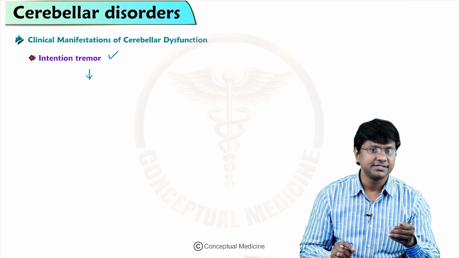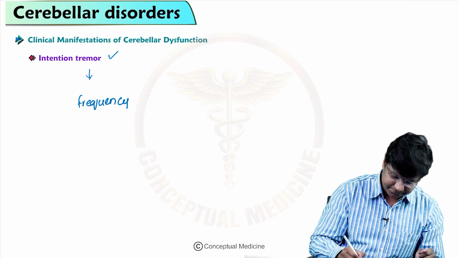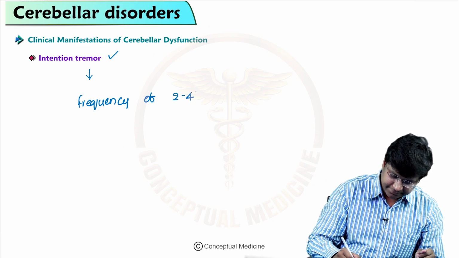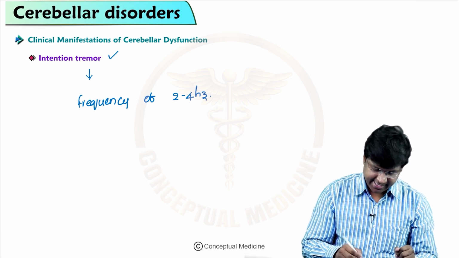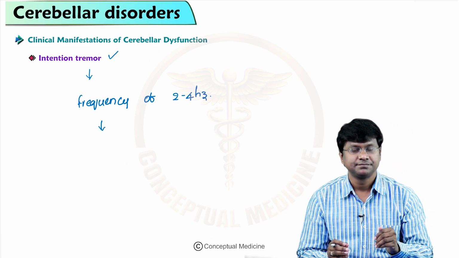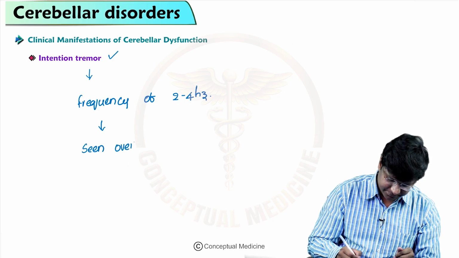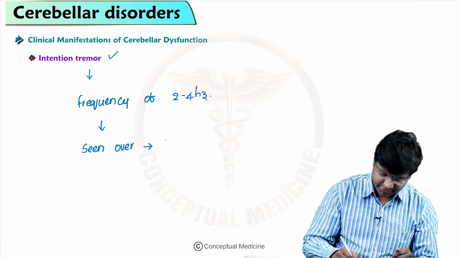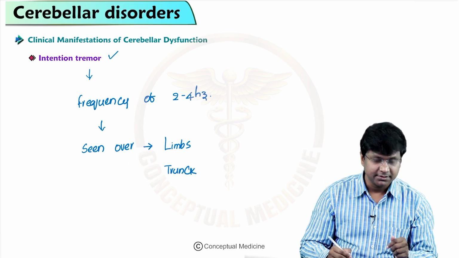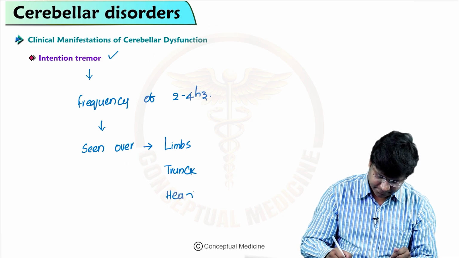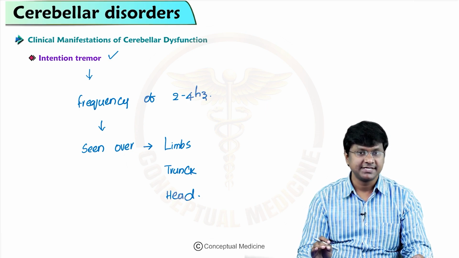These have a frequency of 2 to 4 hertz, and they are predominantly seen over the limbs, the trunk, and as well as the head.